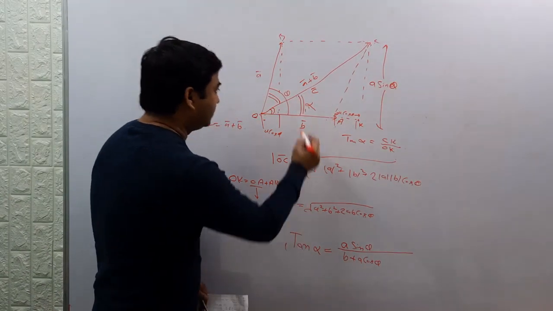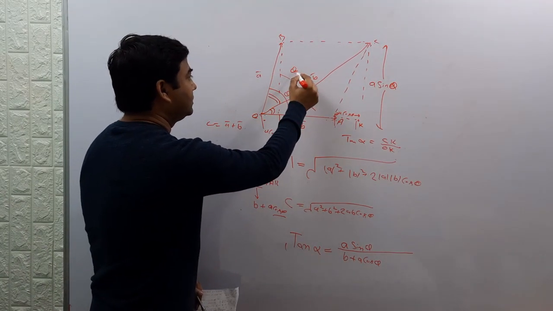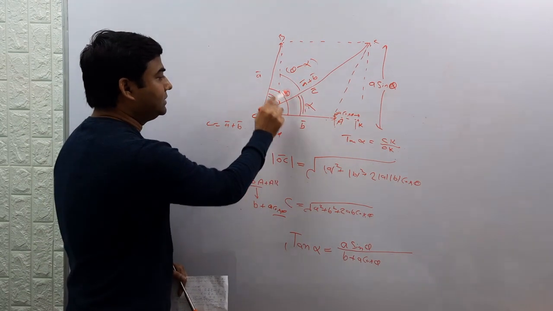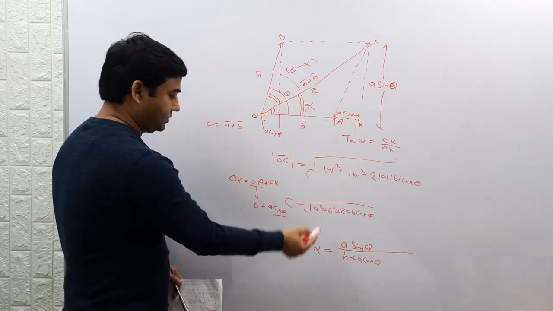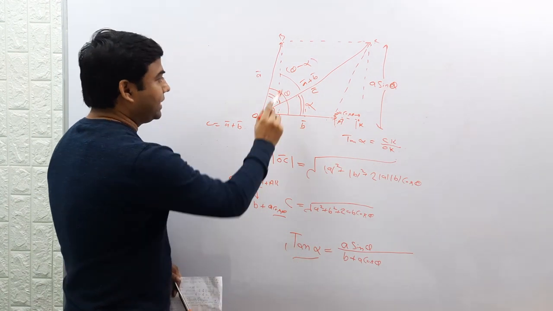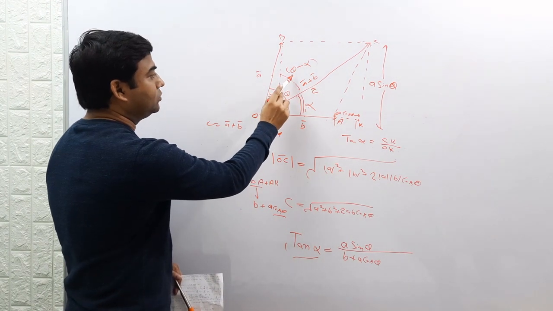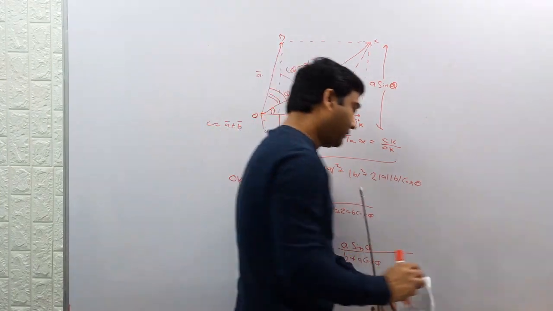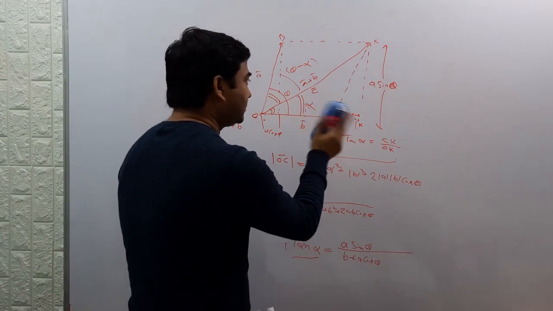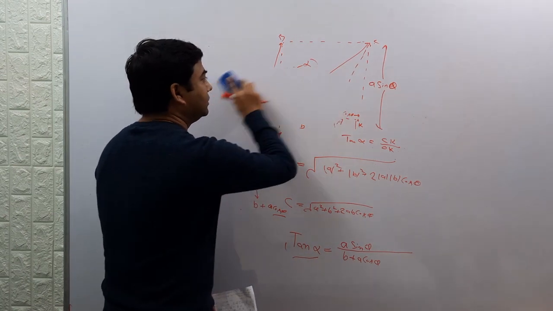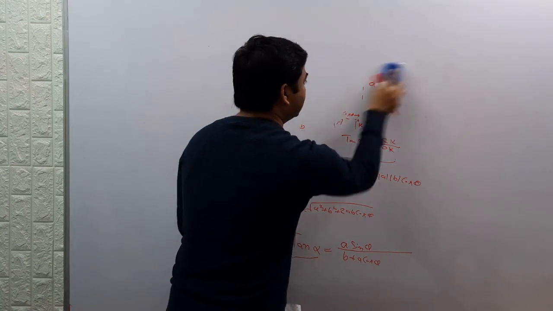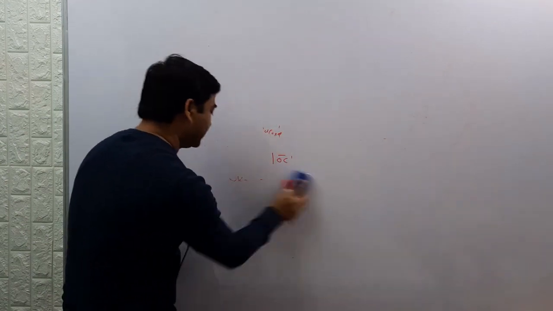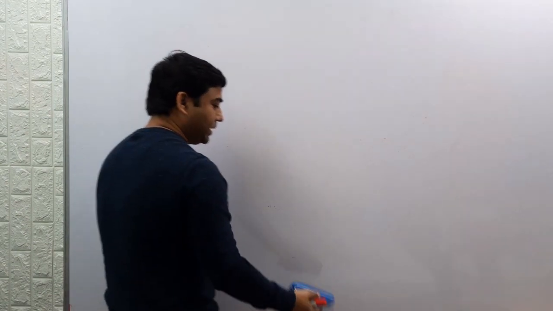To find the remaining angle you can use theta minus alpha. The whole angle is theta, this angle alpha you can find with this formula, and the remaining angle you can find by theta minus alpha. So this way you can find the direction and magnitude without actually measuring by scale. You can find the direction and magnitude of the resultant vector by the parallelogram law.